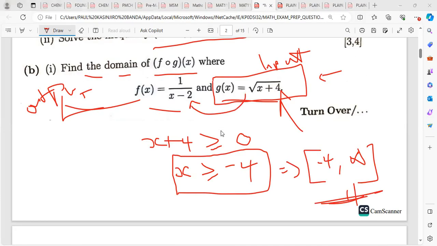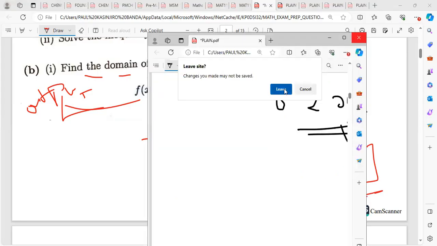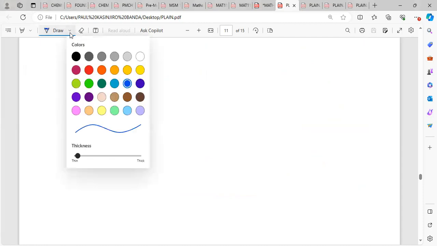So I'll come to my board there. Meaning what function did I have there? My f of x is equal to 1 over x minus 2.